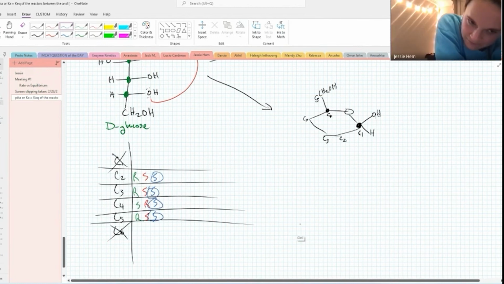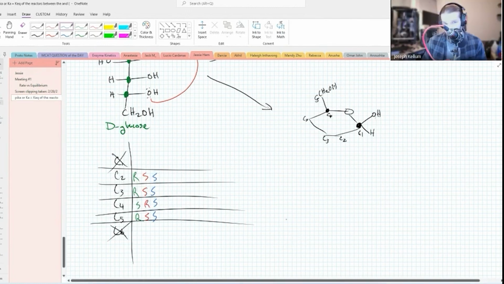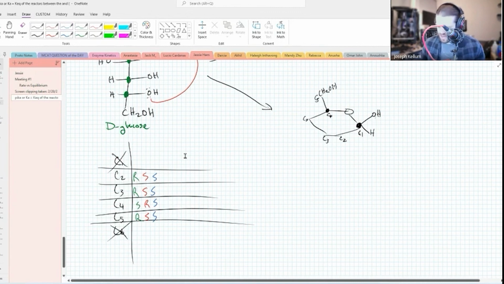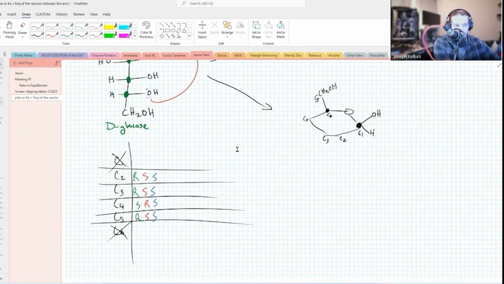So those two, the blue and the green, are diastereomers of one another. Enantiomers have to be opposite at all chiral centers. Diastereomers have to be opposite at least one chiral center, otherwise they're the same molecule.